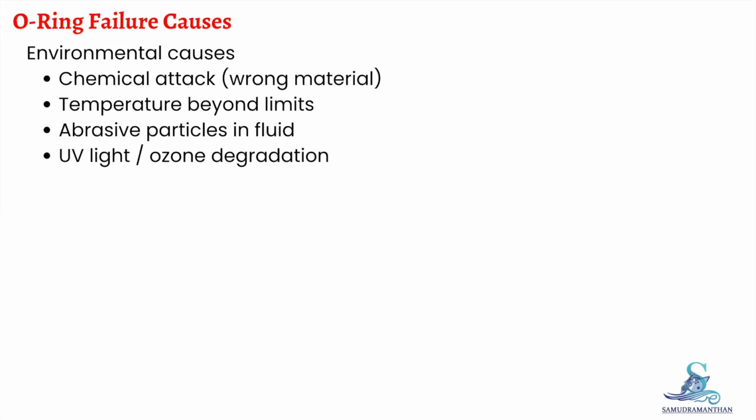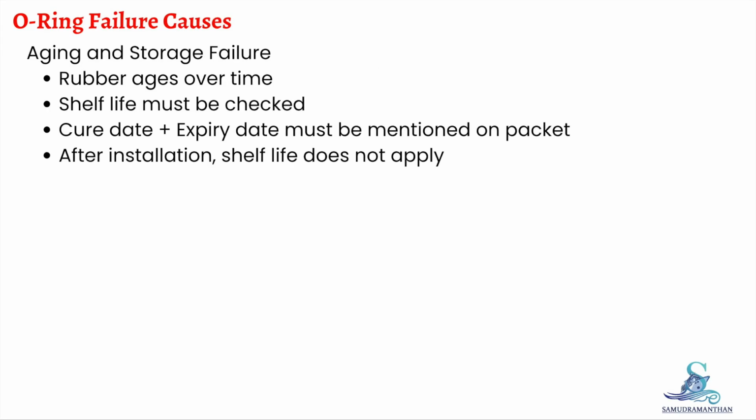Environmental causes: chemical attack due to wrong material, temperature beyond limit, abrasive particles in fluid causing wear, UV light or ozone cracking the surface. Aging and storage failure: rubber degrades over time. Therefore, shelf life must be checked. Cure date and expiry date must be mentioned. Once installed, shelf life rules do not apply.